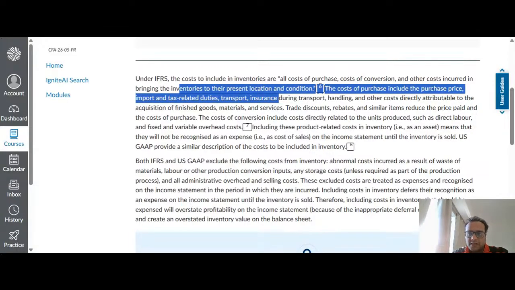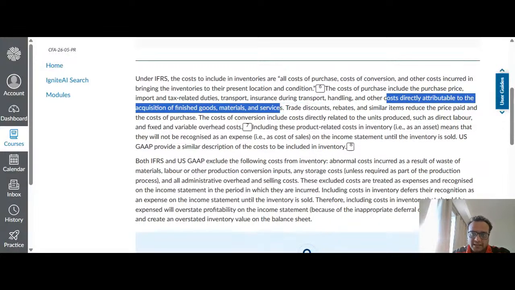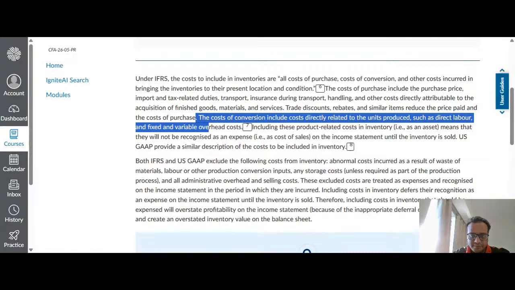The cost of purchase includes purchase price, import and tax related duties, transportation cost, insurance, handling, and other costs directly attributable to the acquisition of finished goods, materials, and services. Trade discounts, rebates, and similar items reduce the price paid and the cost of purchases.